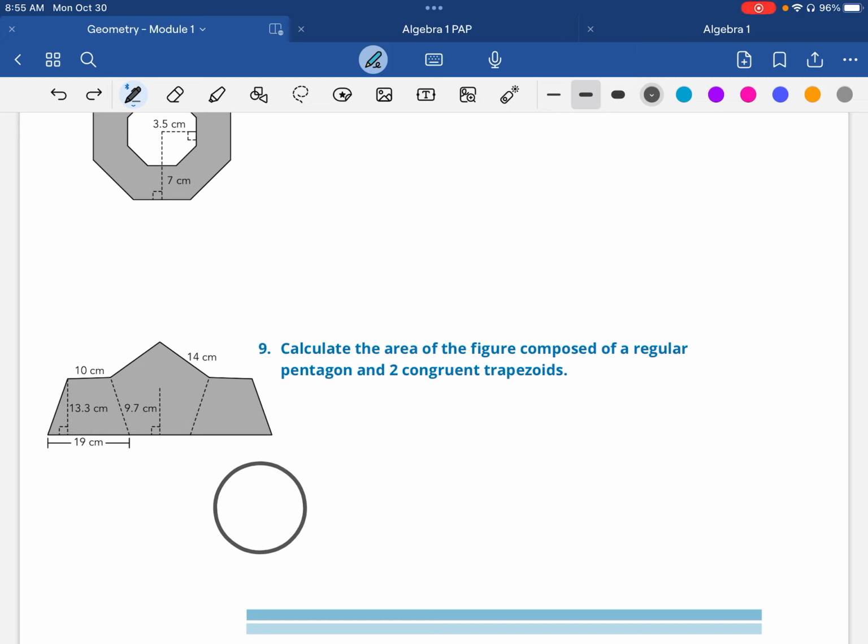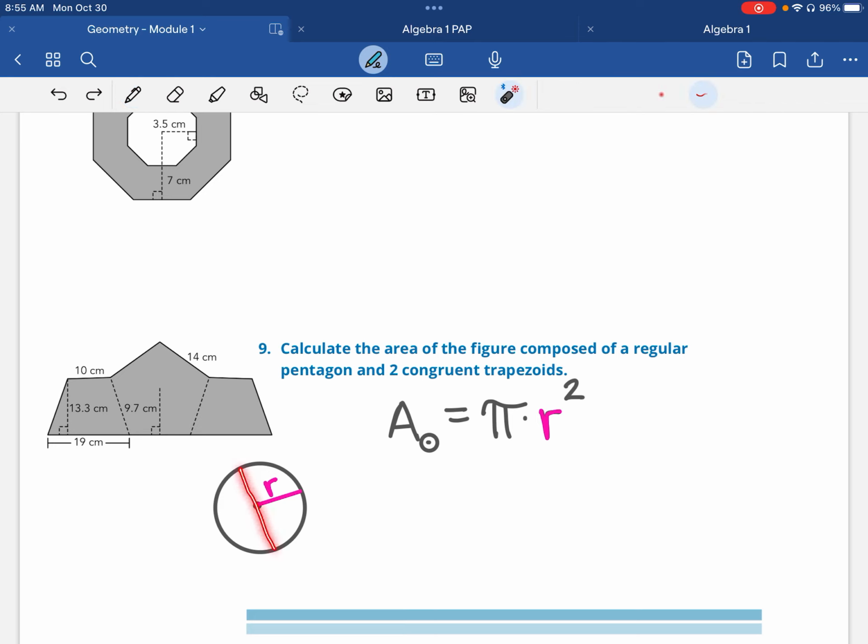I know that some of your Delta Math assignment is adding a part of a circle, and so I just want to make sure that you know the area of a circle formula. Remember, the area of a circle formula is pi times the radius squared. Remember, the radius is this part right here of your circle from the center to the end.